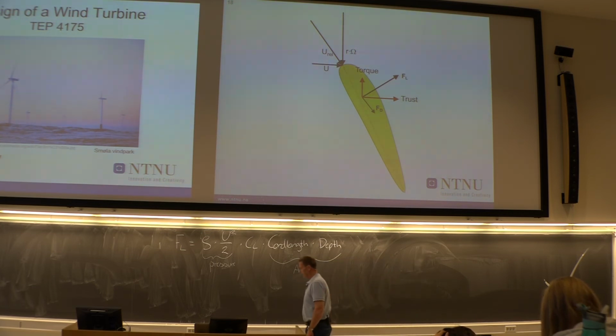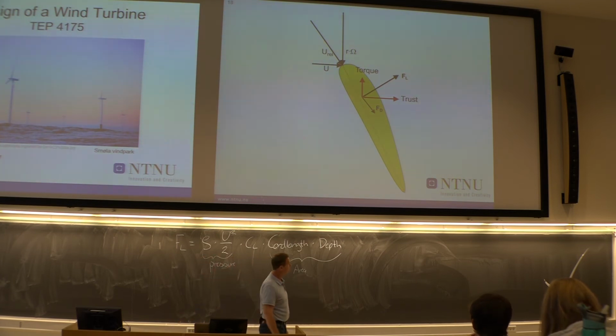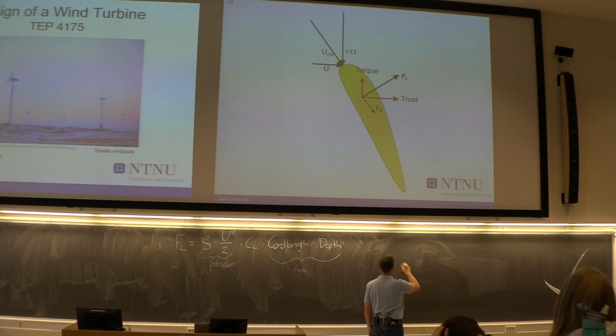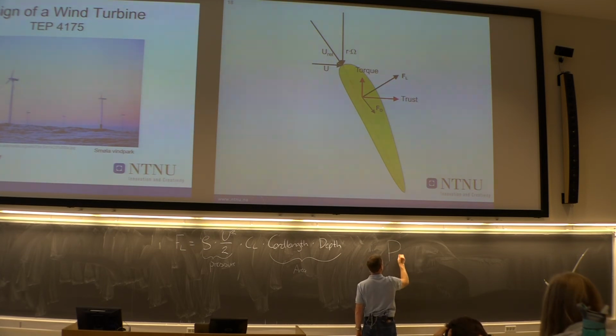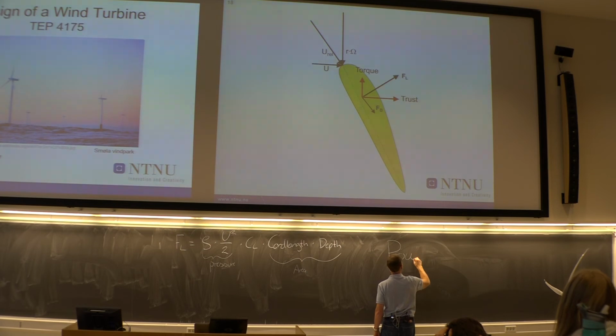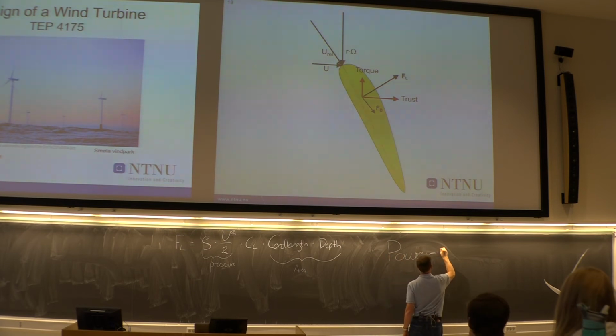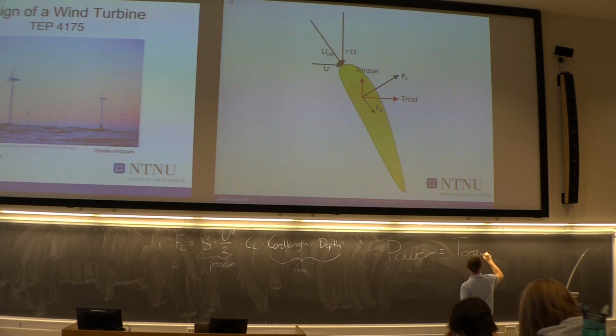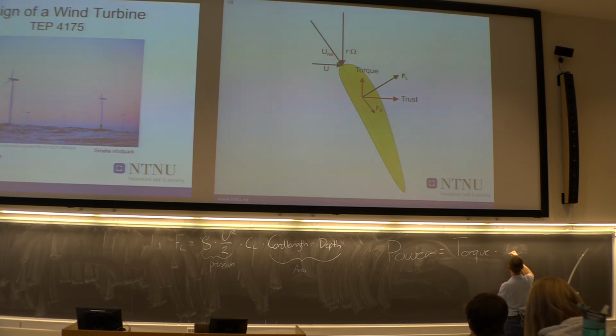Just to be a little bit ahead of what we are talking about now, the output power from this turbine is defined by the torque multiplied by, in this case, omega.